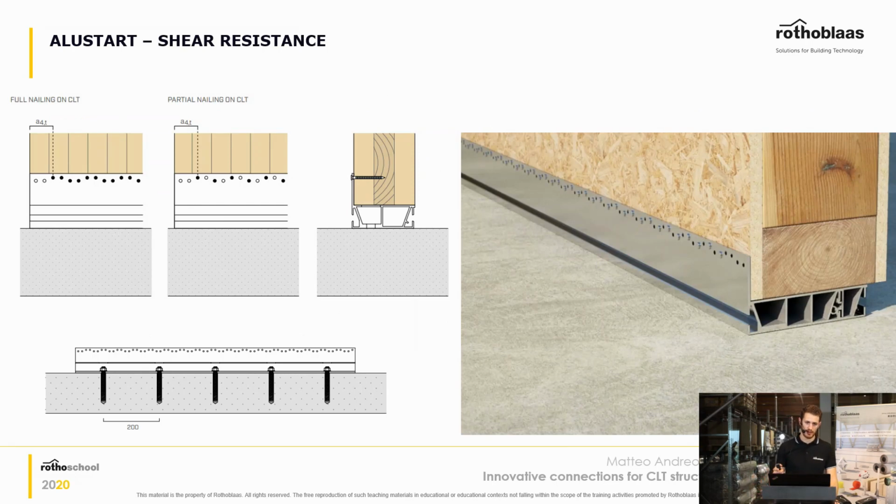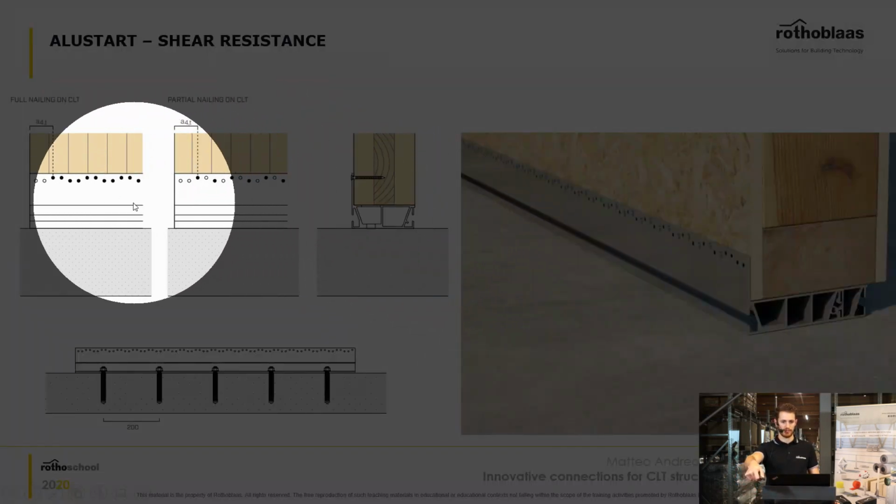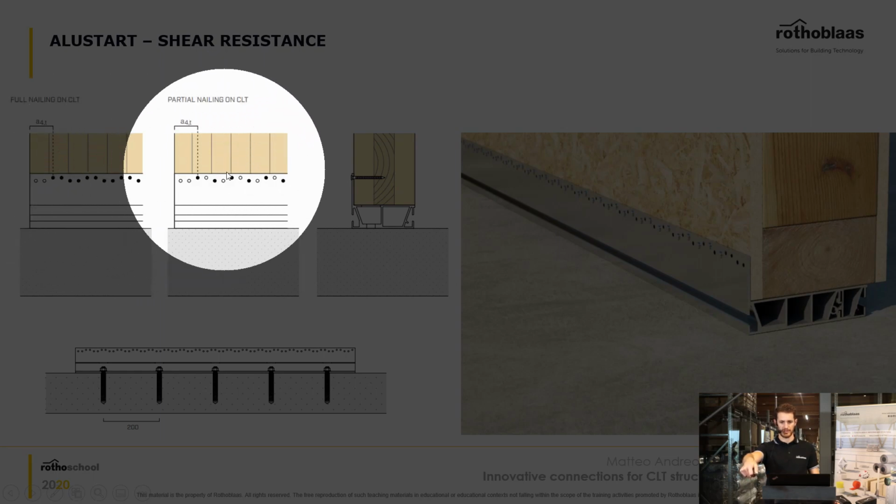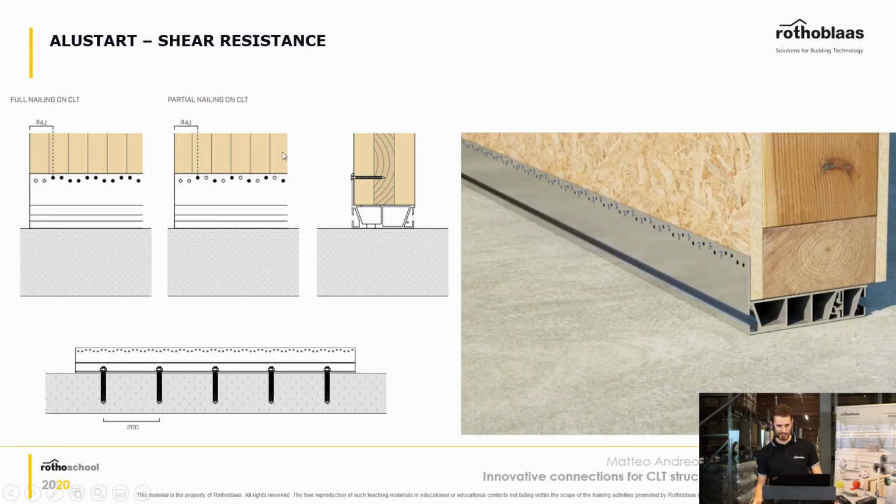You can see a better image of the product right here. And as you can see, you can use full nailing or partial nailing, depending on how big your shear force is.